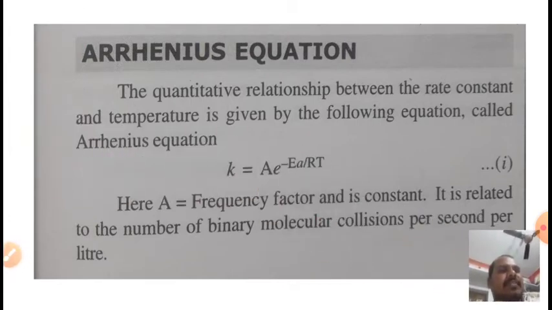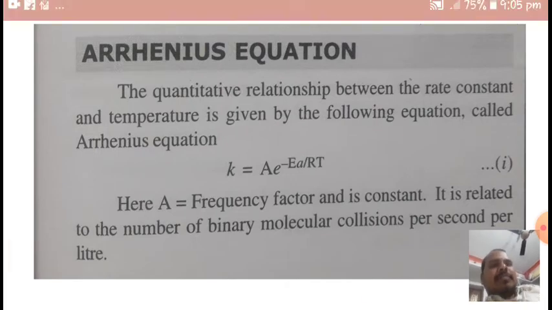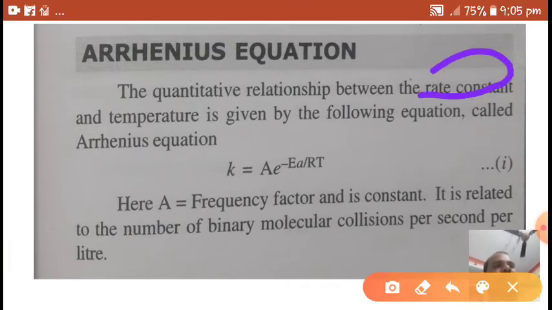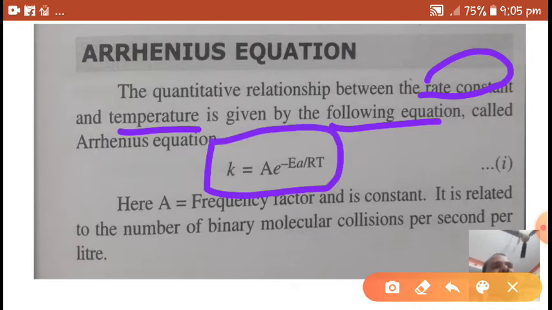What is the Arrhenius equation? The quantitative relationship between the rate constant and temperature is given by the following equation. That equation is the Arrhenius equation: K is equal to A into e to the power of minus EA upon RT. Here A is the frequency factor or Arrhenius constant.